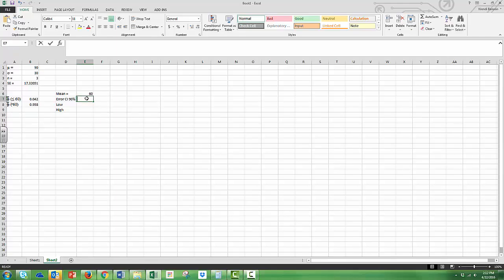So we can go equals CONFIDENCE.NORM, which returns the confidence interval. So we just double click that. Now remember, your alpha level is the inverse of your confidence level, right? So if we have a 90% confidence level, then what's left?